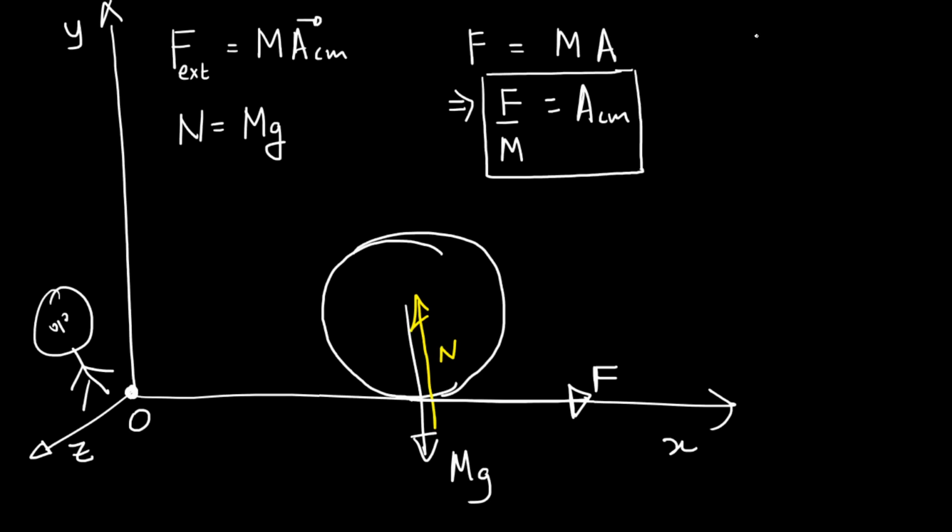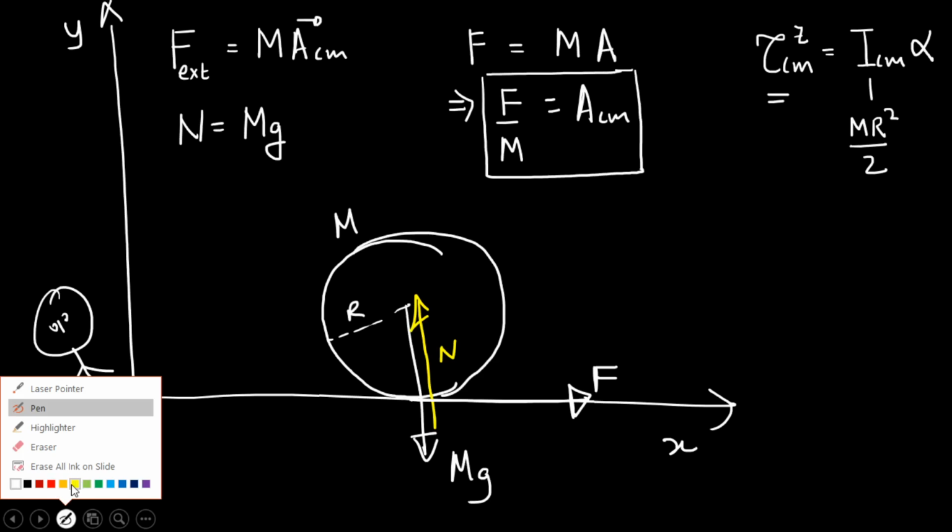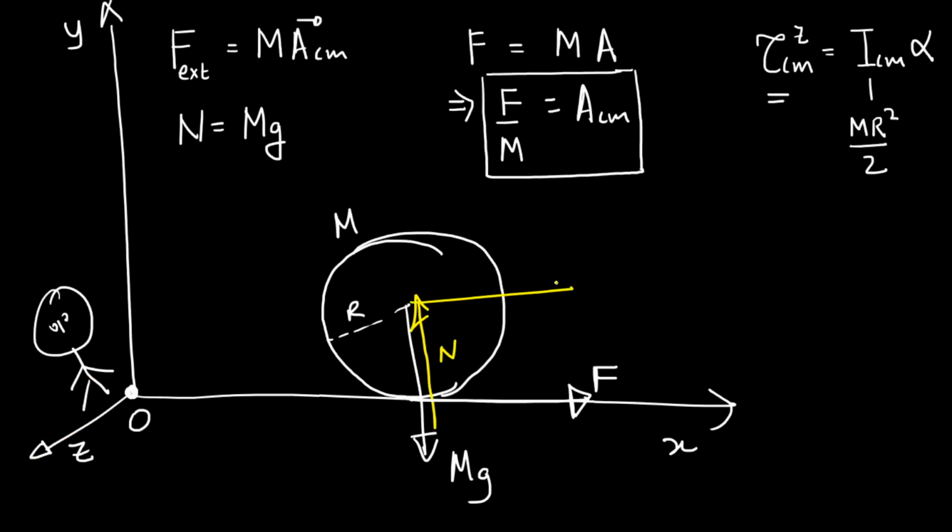Now next we use the equation tau cm z is equal to I_cm, which by the way we have already done in the previous problem, mr square by 2, where r is the radius of this disk and m is the mass of this disk, times alpha. Now this part of the calculation is very easy. Remember that it is with respect to the center of mass, and the observer is now traveling with the center of mass.